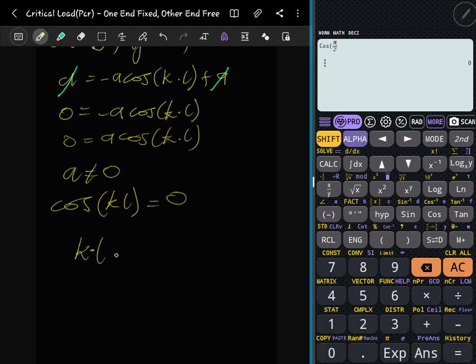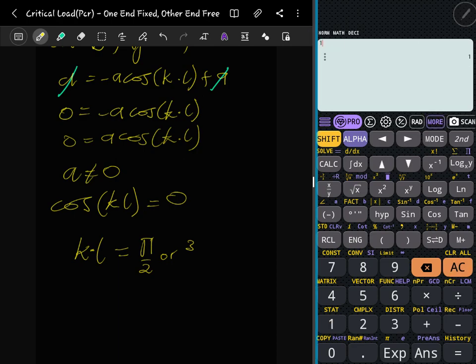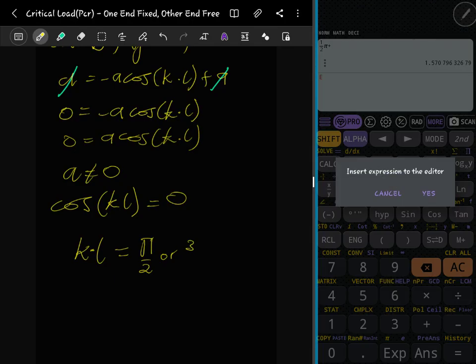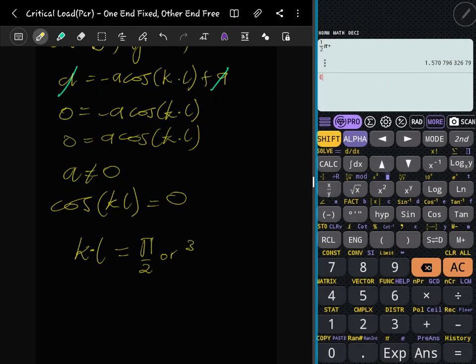So what it's saying here is that KL could be pi on 2, or plus pi, that gives us 3 pi on 2. You're basically adding 180.